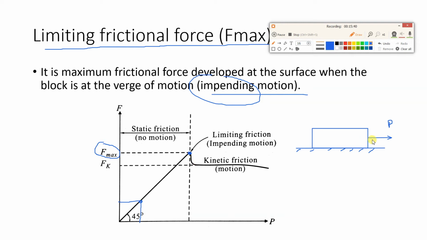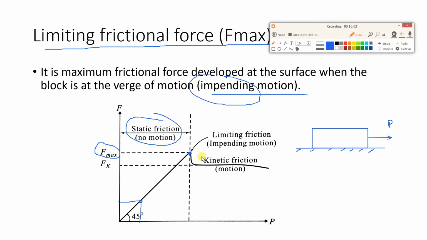That is why, if you see this vertical line, this part is written over here, it is no motion and it is static friction, whereas at the vertical dotted line it is the limiting condition of friction, the limiting frictional force, that is impending motion.